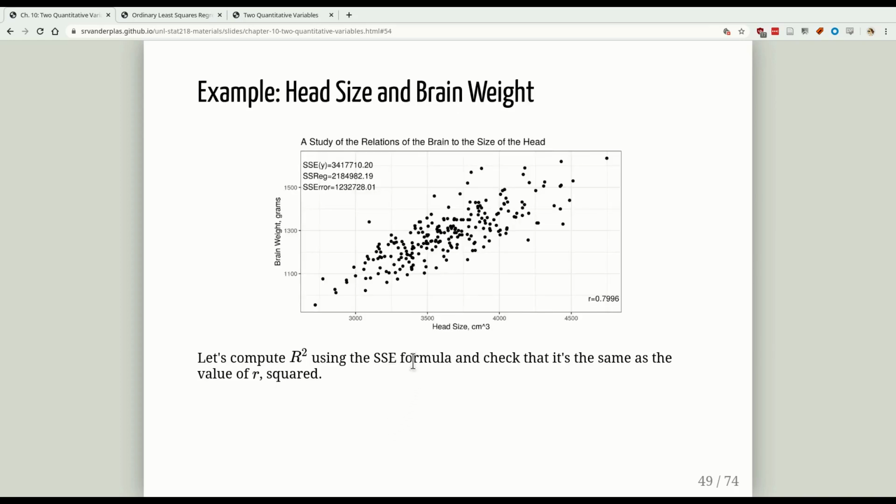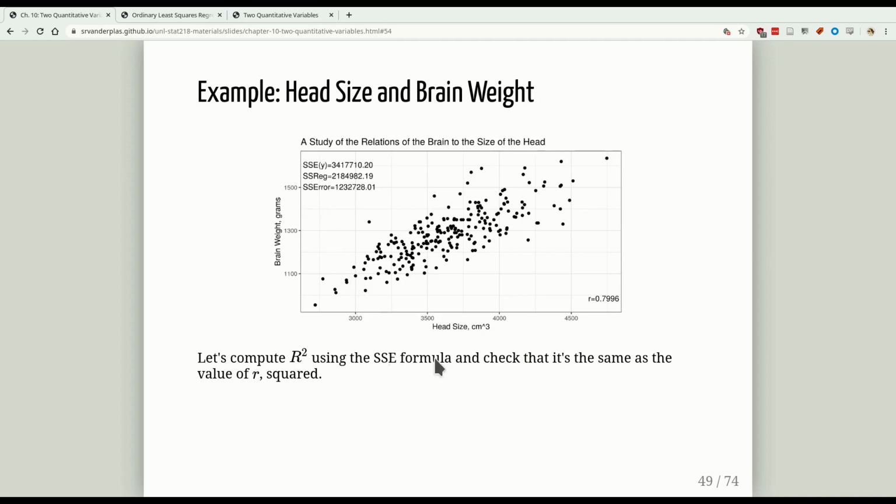If we return to our head size and brain weight example, we can see that r is 0.7996. We can compute r squared using the sums of squared errors formula, because I've given you the 3 sums of squared errors in this plot.